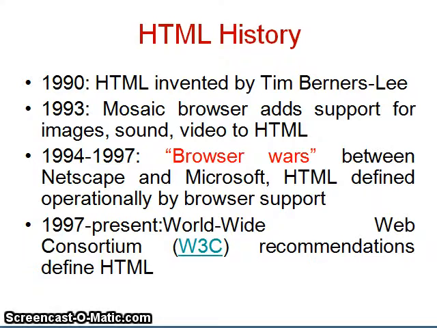They developed their own browsers and added their own markup tags to them. As a result, there was no proper standard between the tag elements used by the browsers. In 1997, in order to have a common standard, the World Wide Web Consortium defined the HTML recommendations.